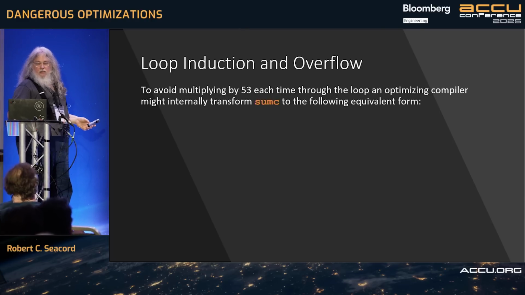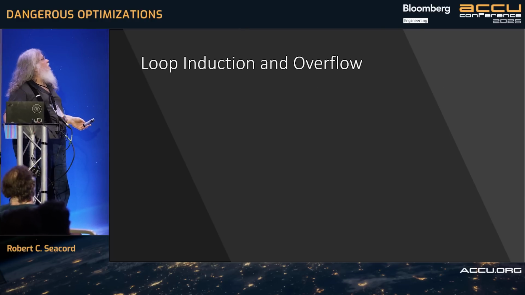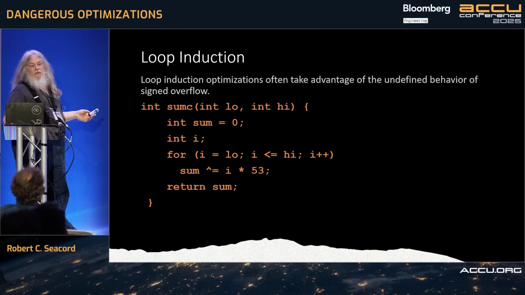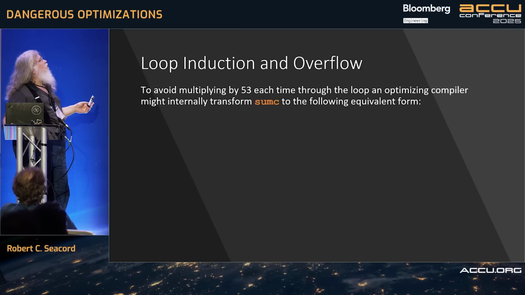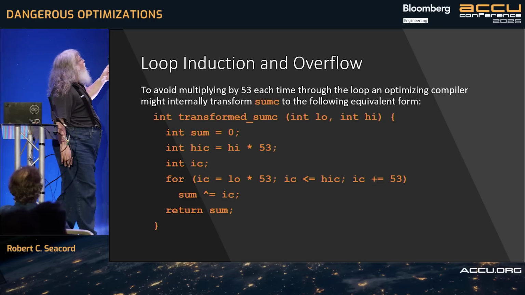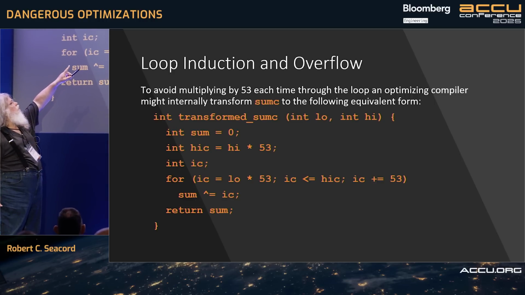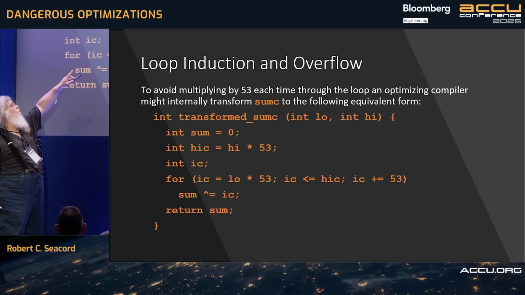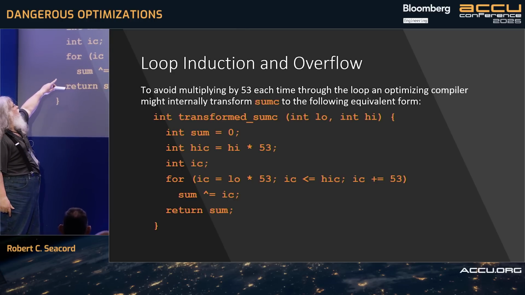So the compiler can say, I don't want to pay this cost of multiplying I by 53 on each iteration of the loop. Instead, I'm going to transform the program into this, where I multiply high by 53 once before the loop.